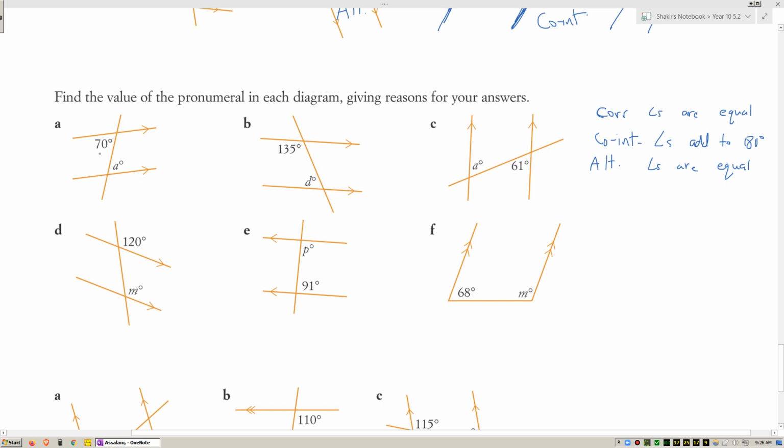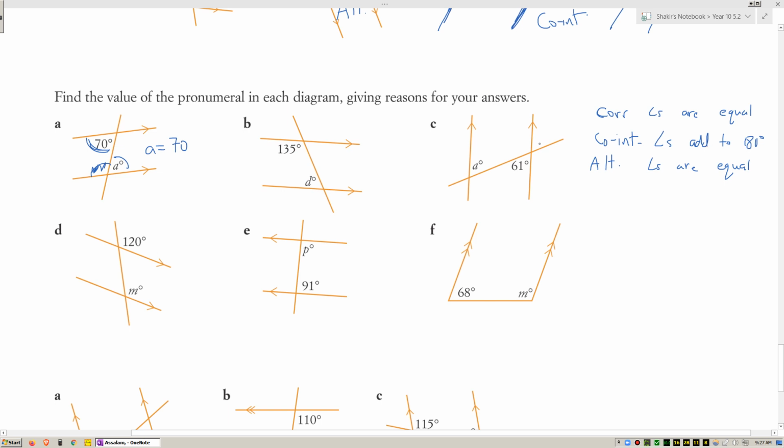So first of all, step 1, what type of angle are these? It's an alternate angle because it's almost like being on the inside together, but it's on the other side. Hopefully that makes sense. And therefore, they're alternate angles. And alternate angles are equal, and therefore A equals 70. Over here, they're cointerior. They're on the inside together.